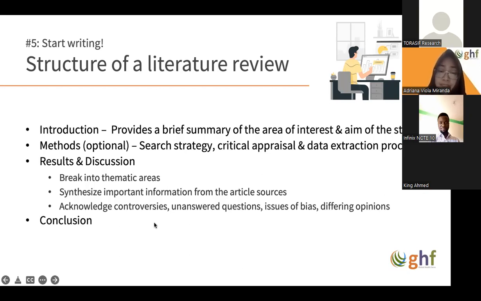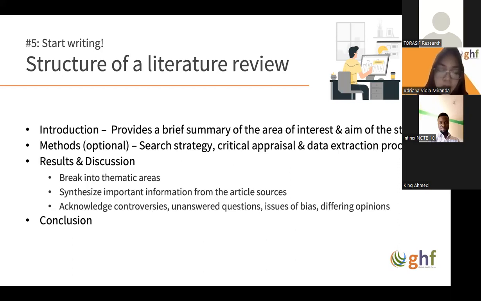To make it more interesting, you can acknowledge controversies, bias, differing opinions between articles, because sometimes you can find different articles writing different things. Like, for example, the result is significantly good in article A, and then it's bad in article B. So you can discuss that, differing opinions and differing results, because that's what makes the literature review more comprehensive and interesting.